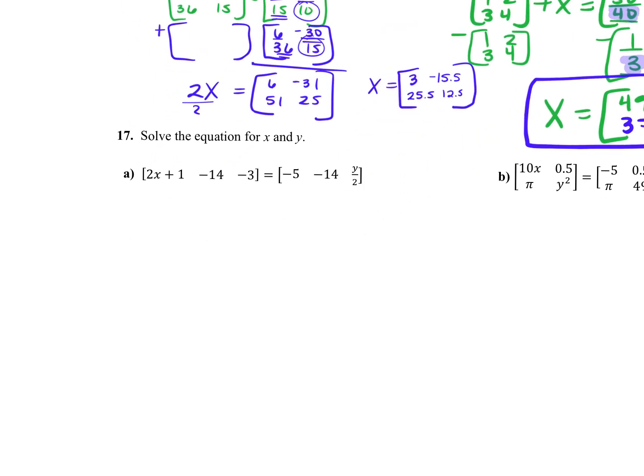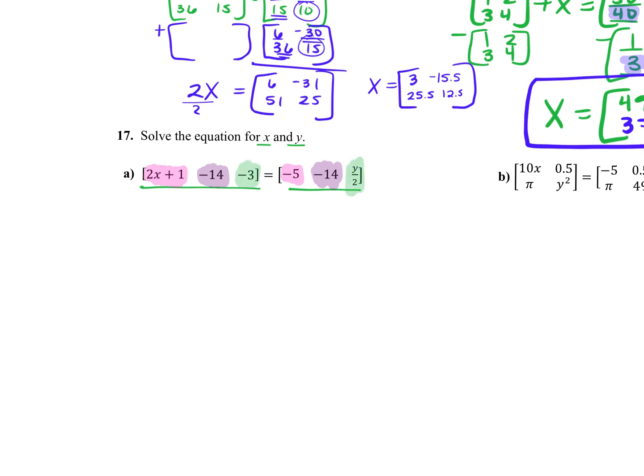Last thing. This one says solve for x and y. And it's saying this matrix is equal to this matrix, which means the parts have to match up. So the first part here has to be equal to that. And the second element here is equal to the second element here. And the third is equal to the third.